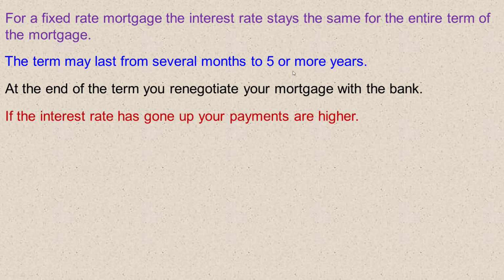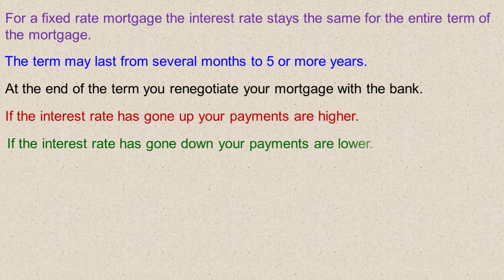Now, if the interest rate has gone up, your payments are going to be higher when you renegotiate. If the interest rate has gone down, your payments are going to be lower. You can choose to increase them to pay it off quicker, but if you didn't decide to pay extra, then if the interest rate's down, your payments aren't going to be as high; they're going to be lower.